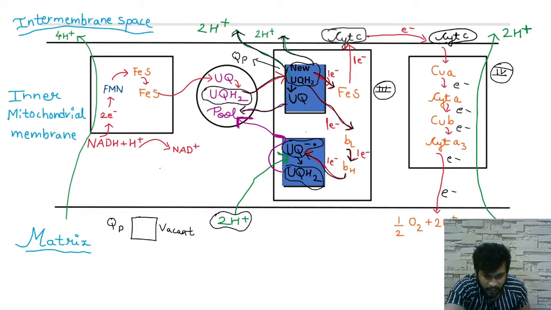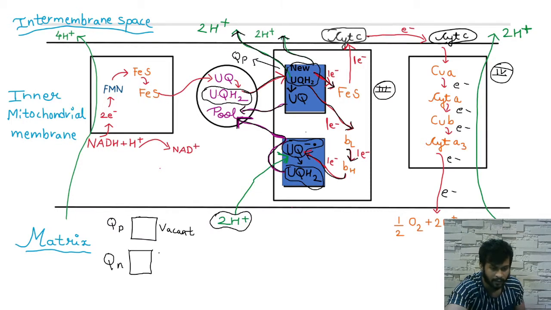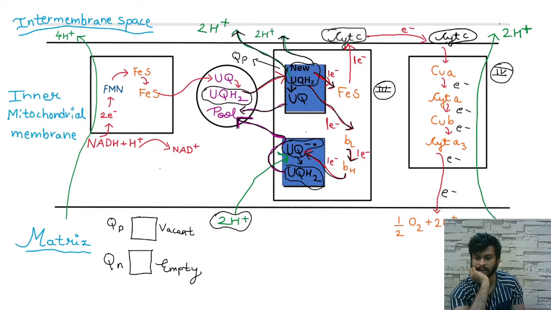This fully reduced ubiquinol will again enter the pool, which means the QN site is also vacant now or empty. And we can also observe that from complex number 4, the energy is used to pump 2 H plus ions from the matrix to the intermembrane space.